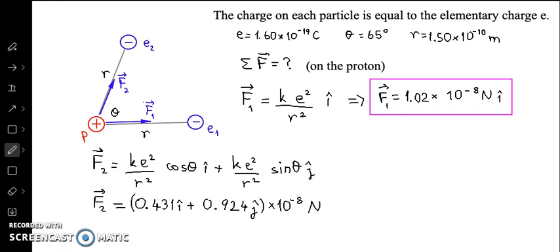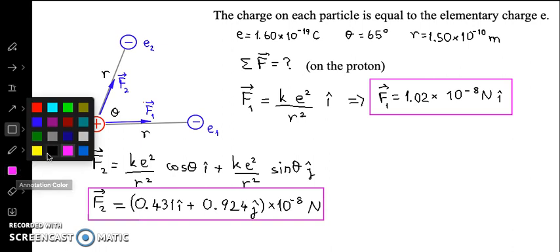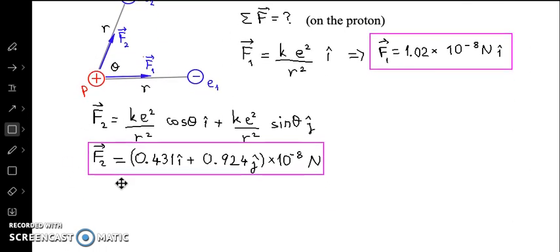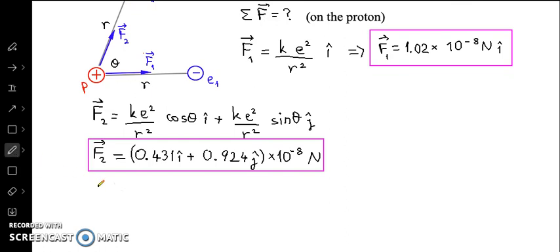So this is F2. Now let's go ahead and add these two force vectors together to find the net force. F net is equal to F1 plus F2. So sum of the forces, this is F net, is equal to F1 plus F2.